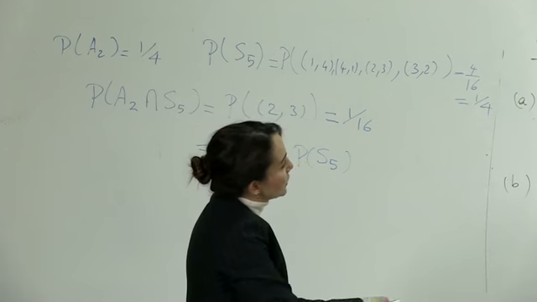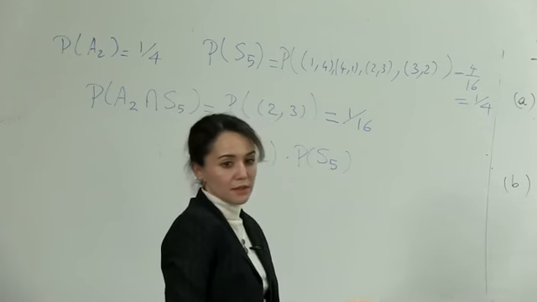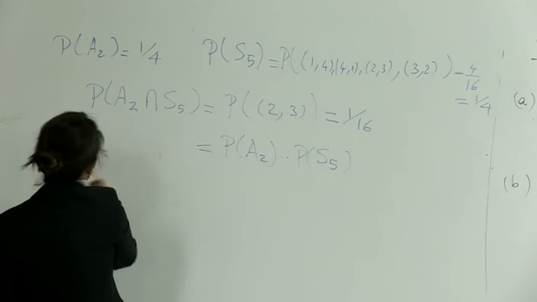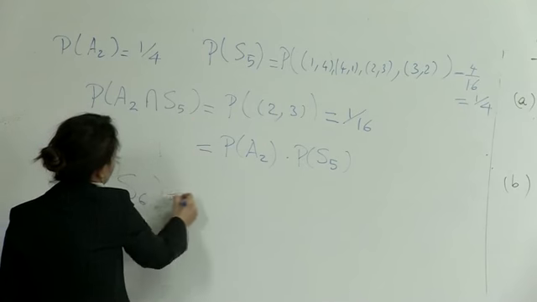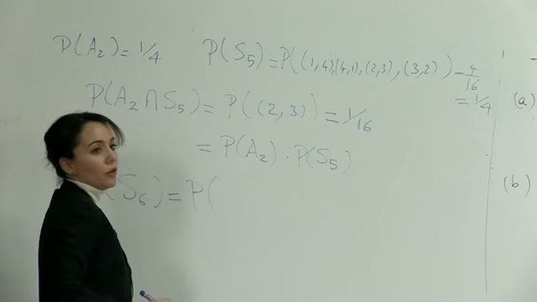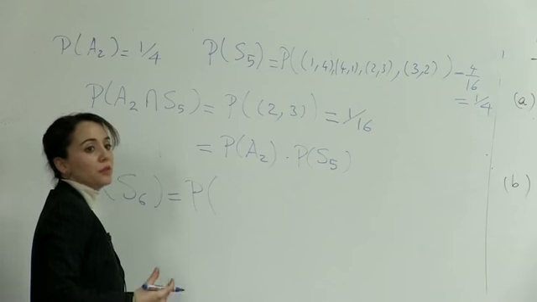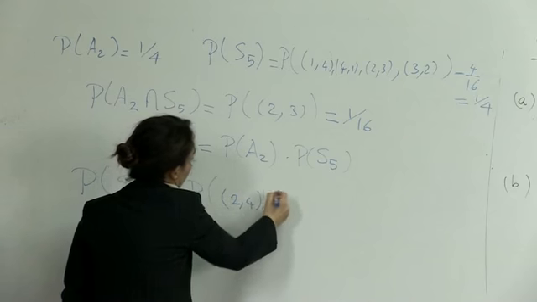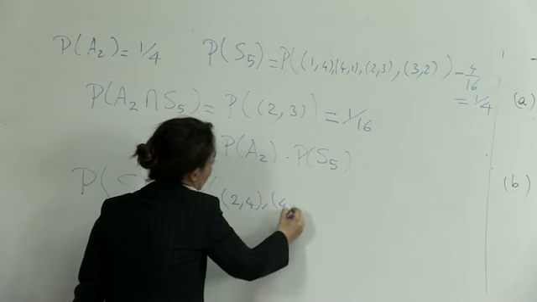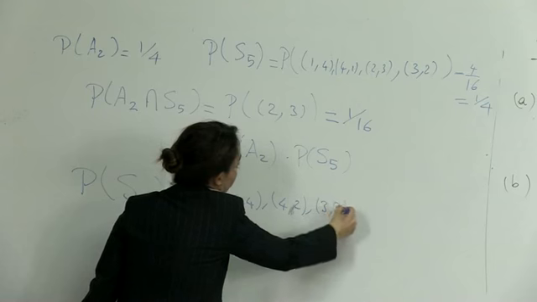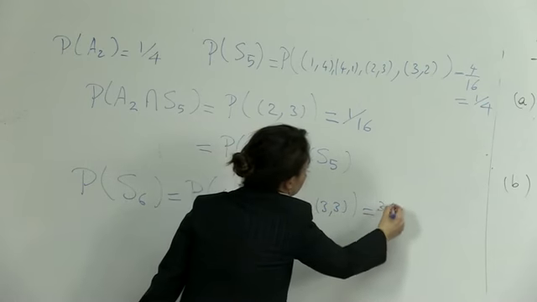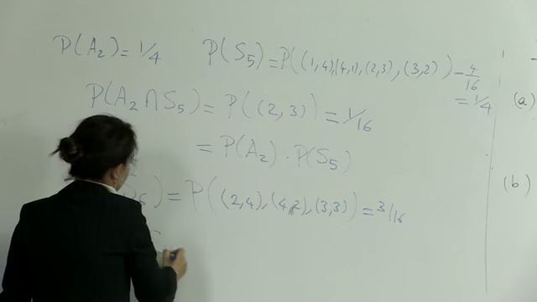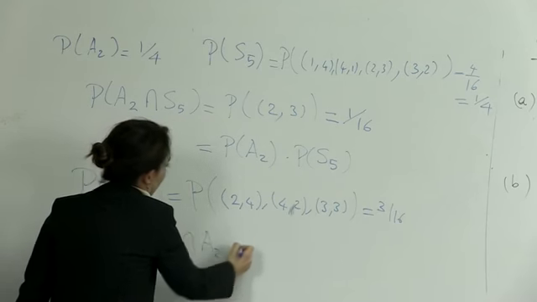On the other hand, if you tried A2 and S6, let's try A2 and S6. What is the probability of S6? The probability of the outcomes summing to 6: 2,4; 4,2; 3,3. And that is 3/16. What is the probability of S6 and A2?